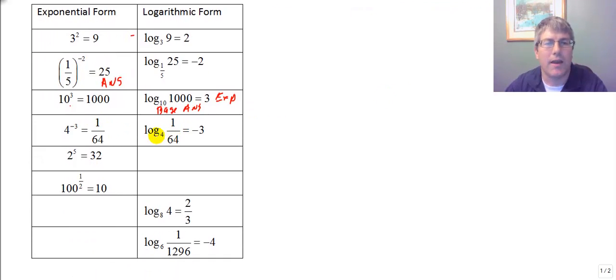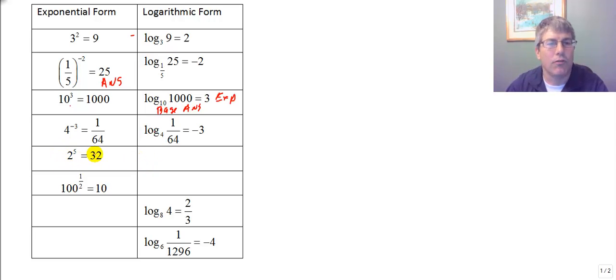And another final example, log base 4 of 1/64 equals negative 3. So log base answer equals exponent. So I'm saying here 4 to the negative third must equal 1/64. 4 to the negative third equals 1/64.